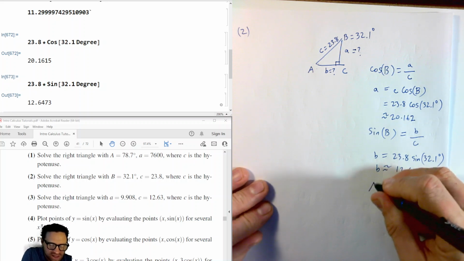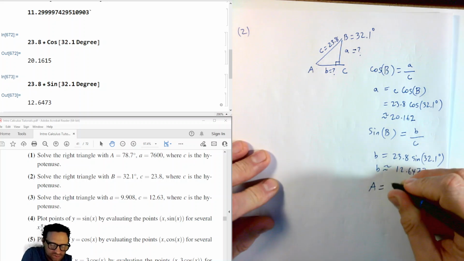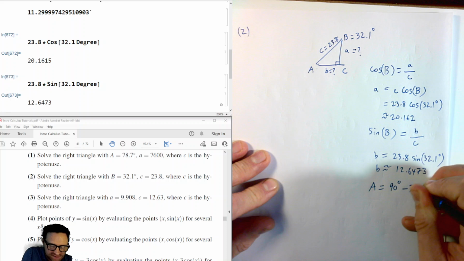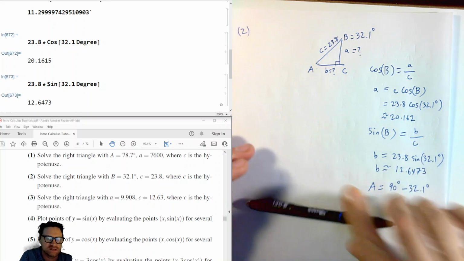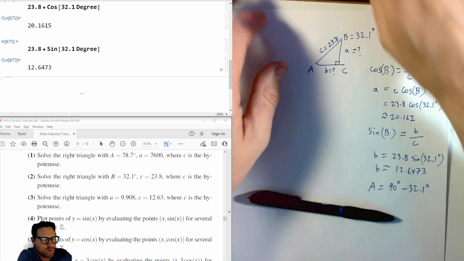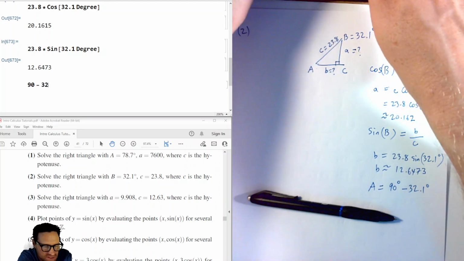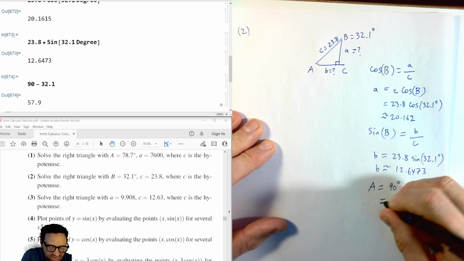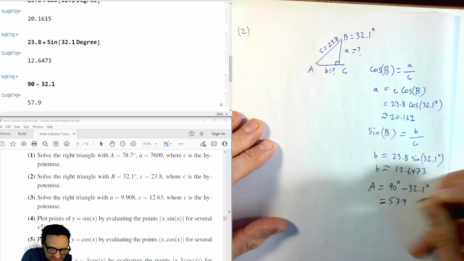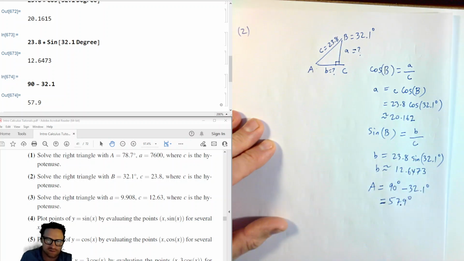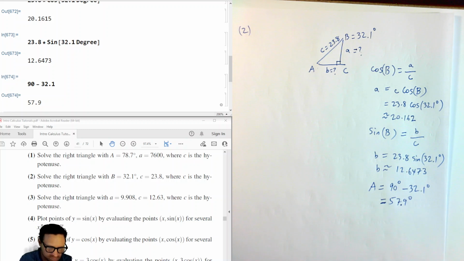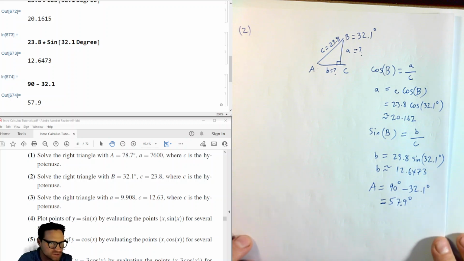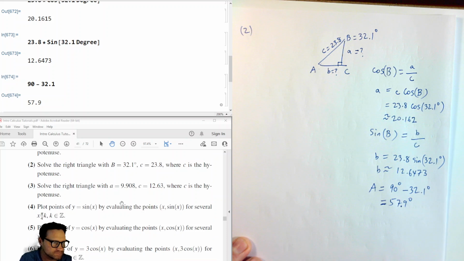And so we know then that A is equal to 90 degrees minus 32.1 degrees. 90 minus 32.1 is 57.9 degrees. Okay, and so now we have completely solved the triangle, so let's move on to the next question.